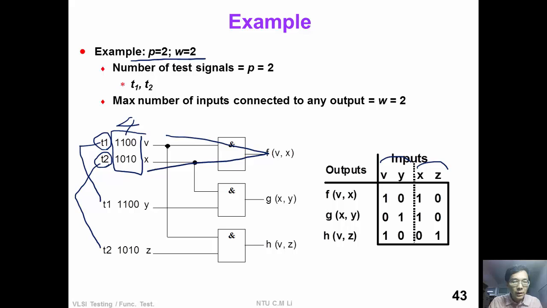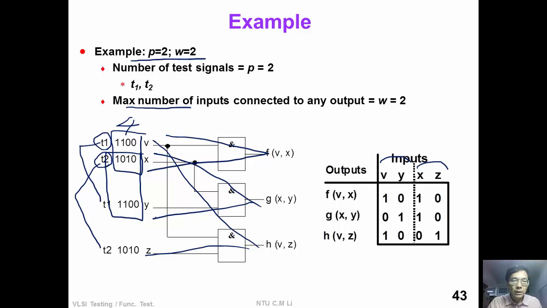To test the output G exhaustively, we can also apply 4 test patterns. To test output H exhaustively, we also only need 4 test patterns. So the maximum number of inputs connected to any output is equal to 2, and the minimum test length is 2 to the W, which is 4.